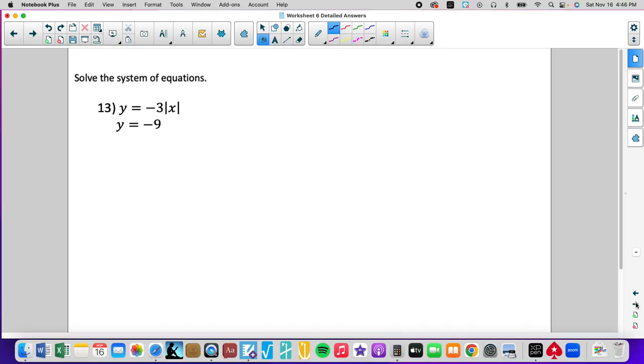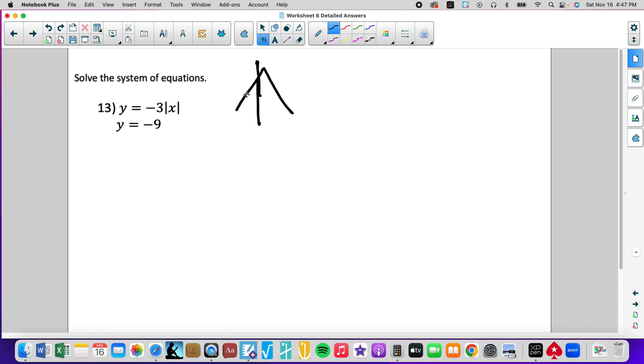So we know this is going to look like a V, absolute value. Oh, nope, that's not true. This has a negative coefficient, so it's going to be upside down.